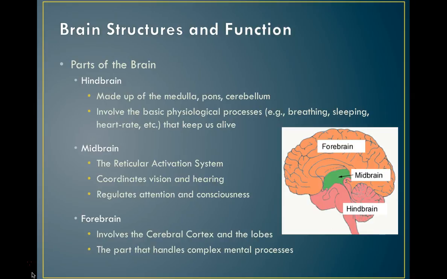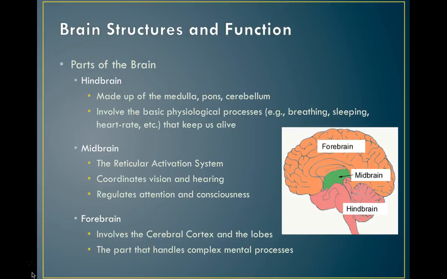So now we're going to talk about the different parts of the brain. Typically when we're talking about the parts of the brain, we're thinking of either the hindbrain, which is the base part of the brain, your brain stem, including the medulla, the pons, and the cerebellum. This is the part that regulates all of our basic physiological processes, things like breathing, sleeping, heart rate, all of the things that keep us alive.